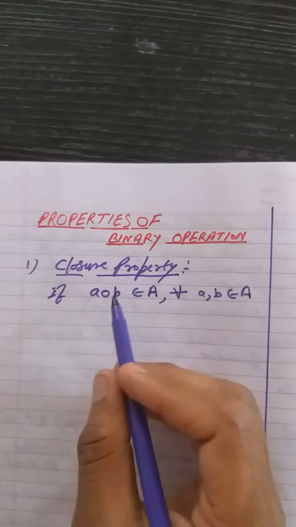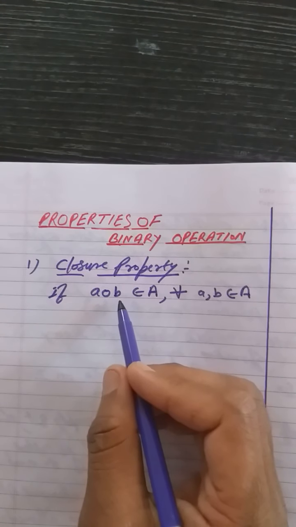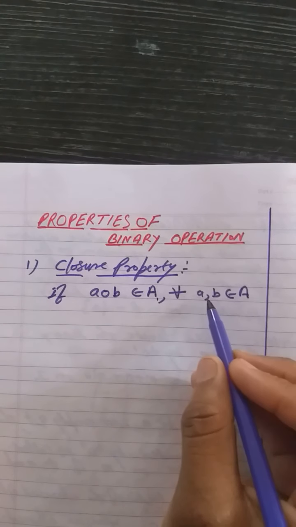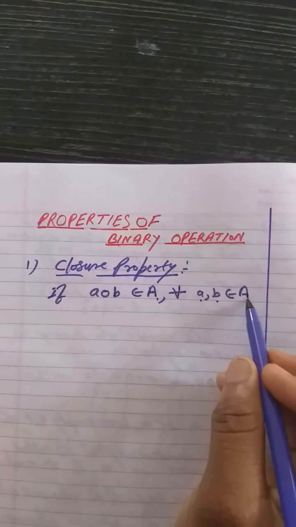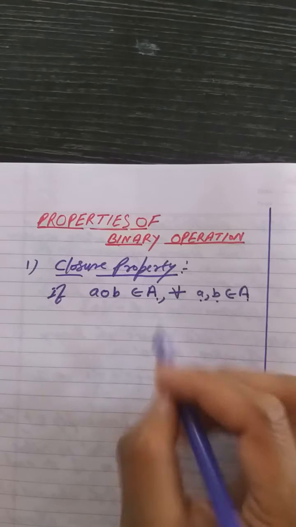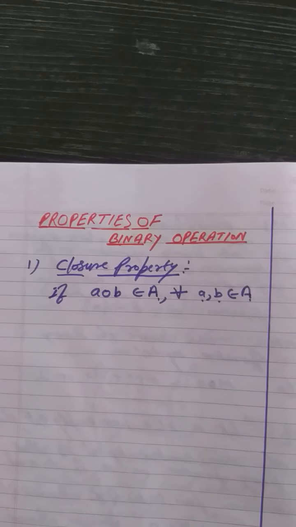It means after the binary operation of a and b, the result also belongs to set A, because elements a and b belong to A. So such a property is called closure property, right?